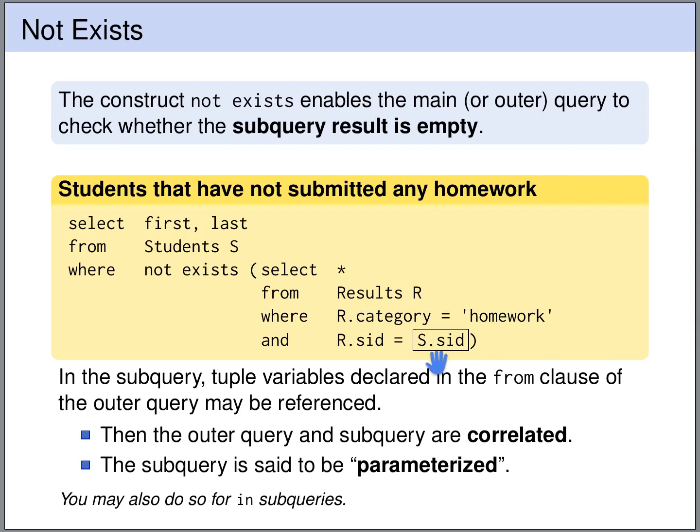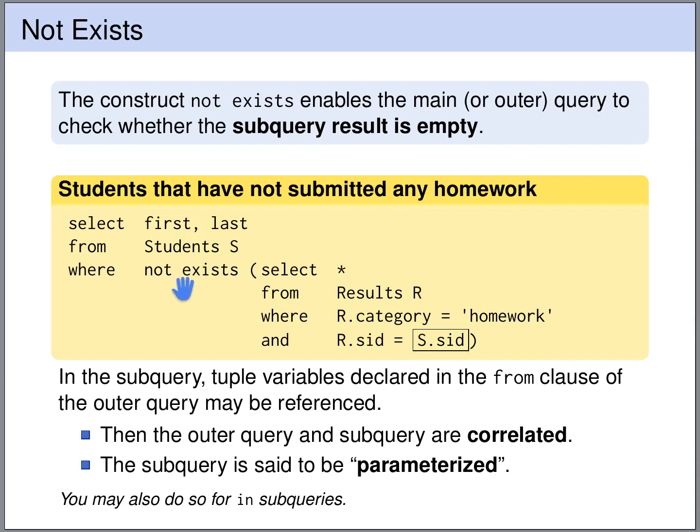This query depends on the outer query. In the inner query, we reference a tuple variable of the outer query. So for different students, we will get different subquery results. We also say that the outer and inner query are correlated, or we say that the inner query is parameterized by the parameter s.sid.